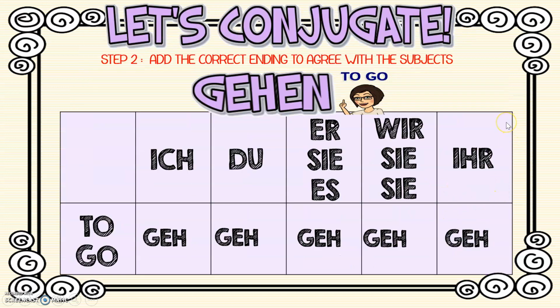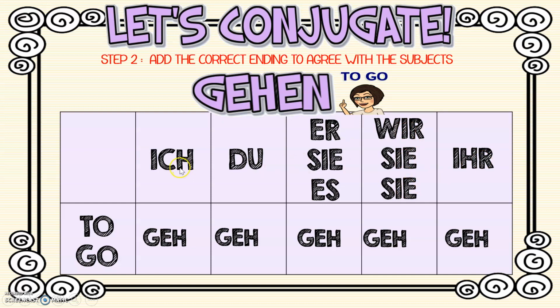Okay, so here's our handy dandy chart. Remember, step 1 was to take the en off. Step 2 is to add the correct ending to agree with the subjects, and you just have to memorize these. So here are our pronoun subjects: I, you, he, she, it, we, they, you formal, and you guys.